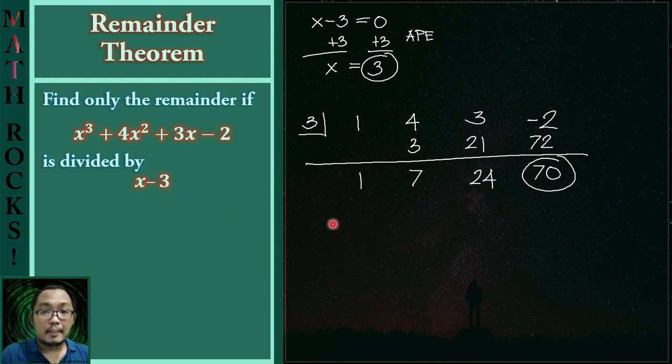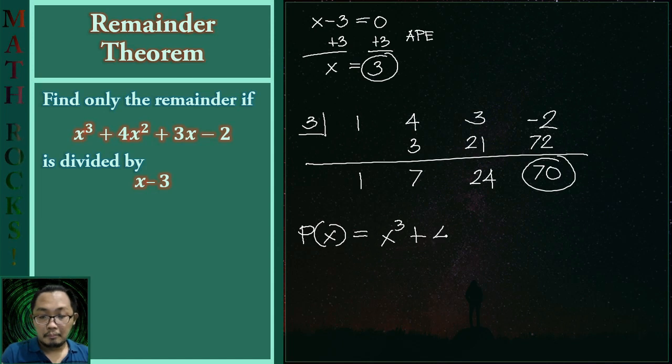But what the remainder theorem tells us is that we can actually have the polynomial p of x be written as p of c.